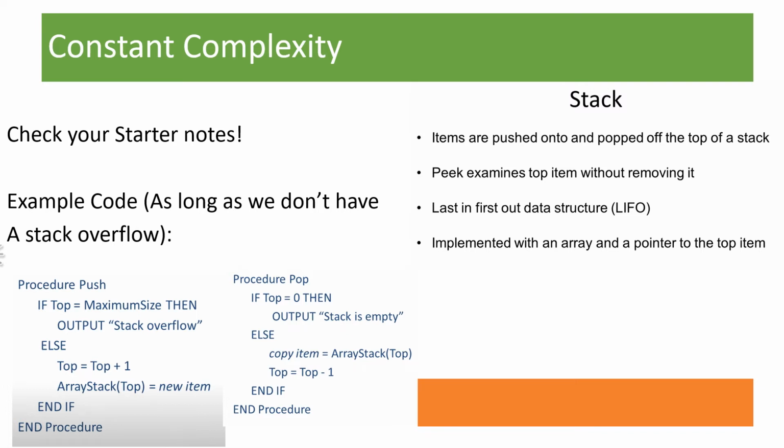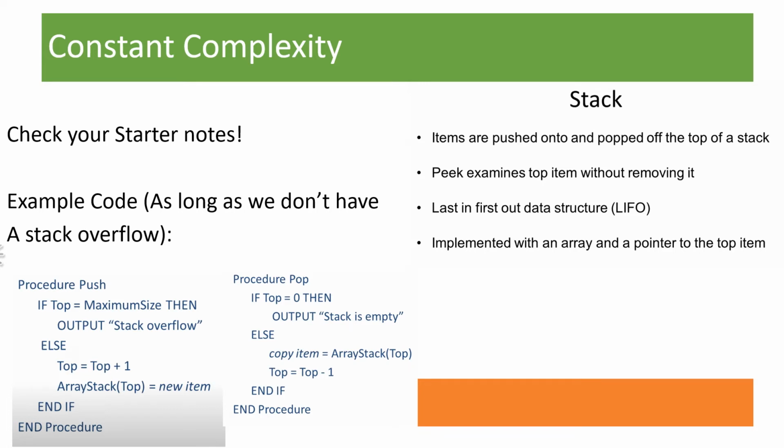Remember, if an item is in memory already, then a stack is basically a series of pointers. So all we're doing is changing the pointer in the stack to the new top value when we push or we pop. So the code for each of these procedures is always going to be the same.